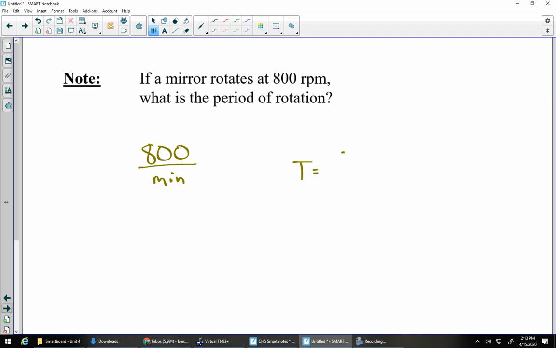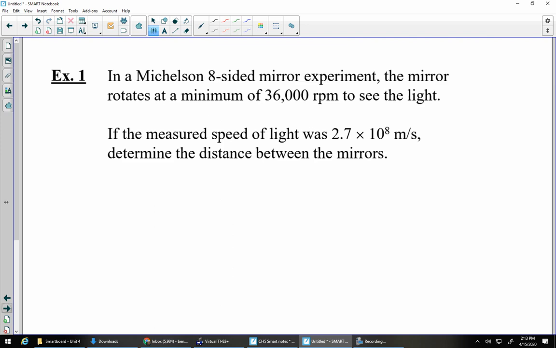So my total time is 60 seconds over 800 cycles. Oops, almost put seconds on the bottom. Cycles. And when you divide that out, I have no idea what the answer is for this. Quite frankly, I don't really care too much as long as we understand how to do it. So we divide that out, it would be the seconds per cycle. And that's our definition of period. Cool, so make sure we know how to deal with that one.